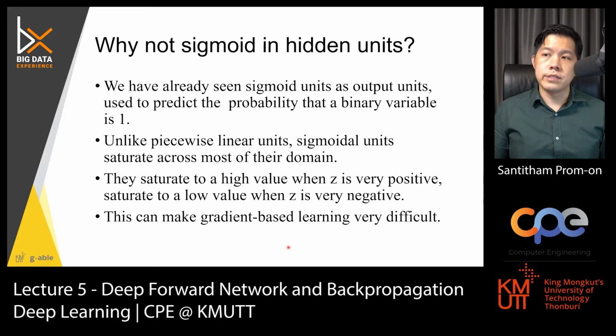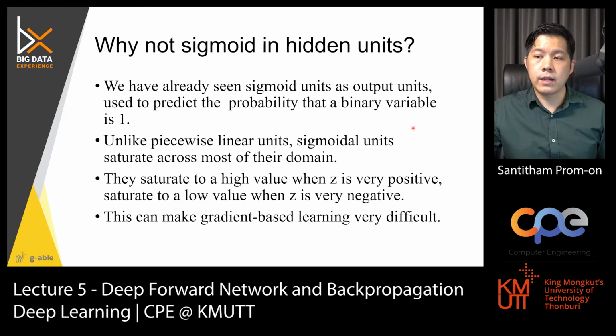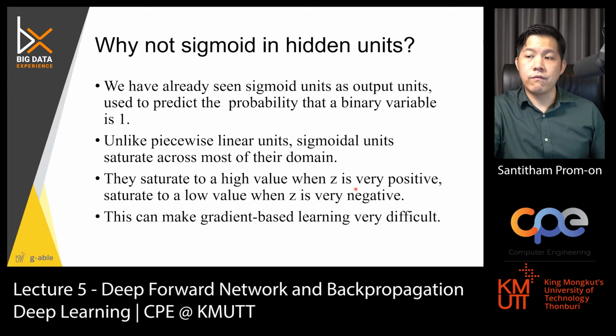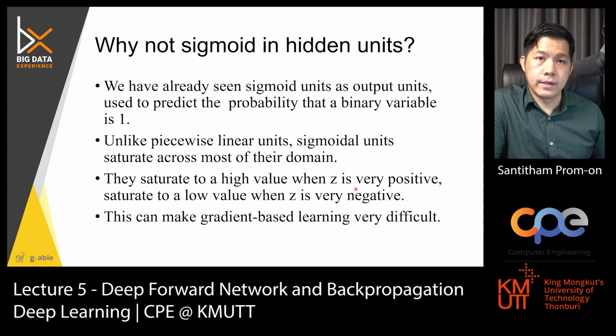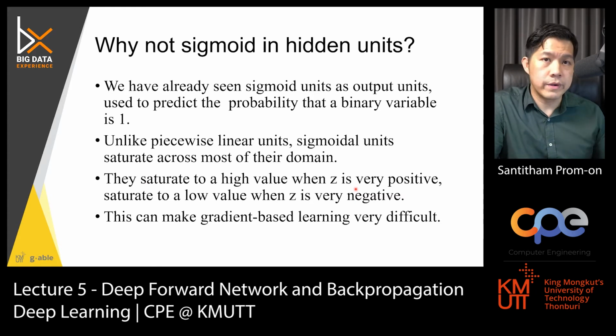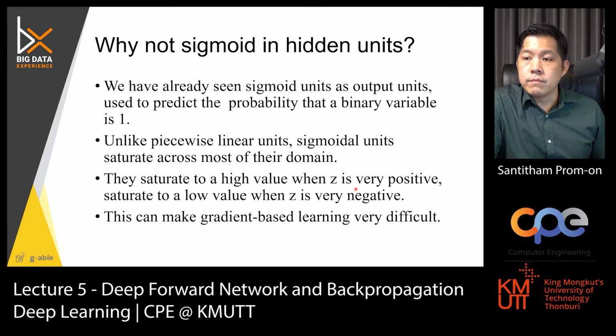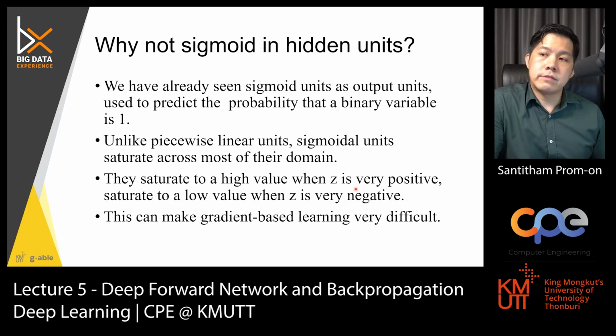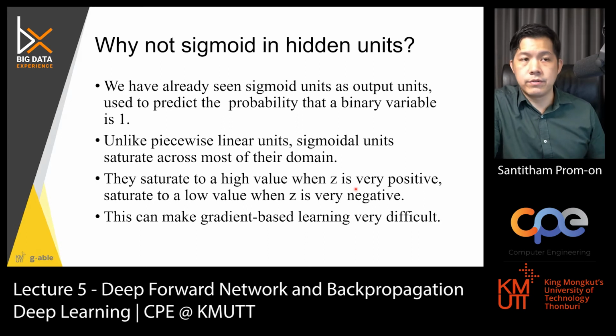The reason is that when you have a high value, Z would be very positive, but the gradient would be low. When you have a very negative Z value, it is also saturated, and it would not contribute a large gradient to adjust the model, even though it's very wrong. Because of that, gradient descent becomes a little bit difficult to deal with.